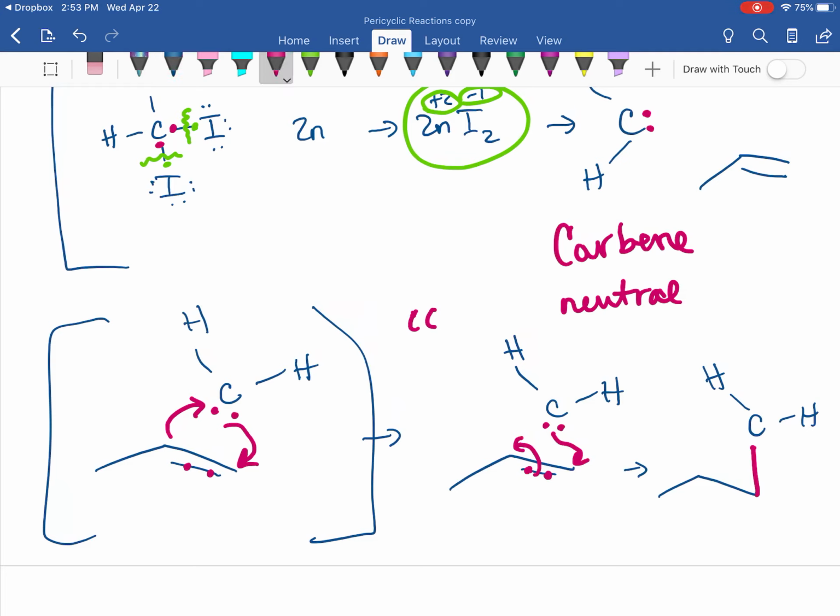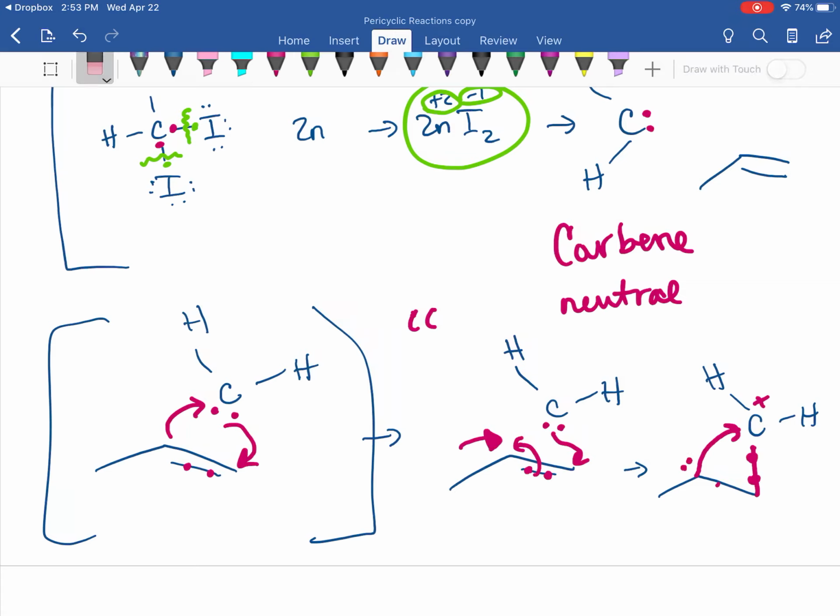In theory, as we form that first bond, what's happening to your carbon? Now you've got 3 bonds and a carbocation. You just used both of those electrons in this bond. So now carbon's missing something.